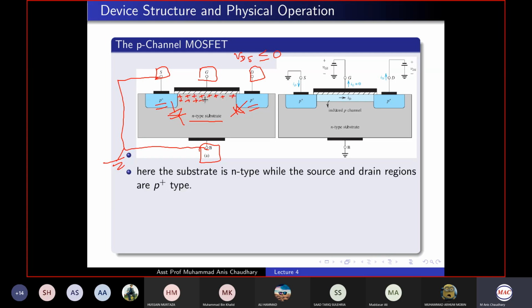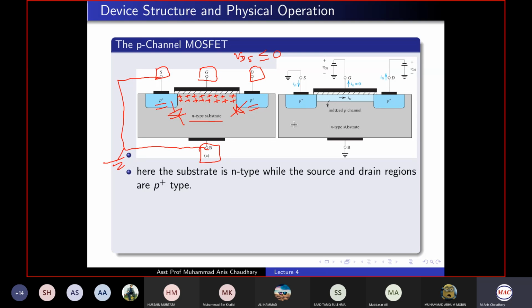So the idea is similar as before, लेकिन यहाँ पर एक negative VGS चाहिए ताकि पहले आप depletion region create करें by pushing the electrons present in this n-type substrate and then you attract holes from the neighboring drain and source regions and accumulate them underneath the gate terminal to get a p-type channel. So when you have a p-type channel, then you apply a negative voltage, a negative VDS, so that holes start to flow from source to drain, and since holes are positive you get a current from source to drain as well.